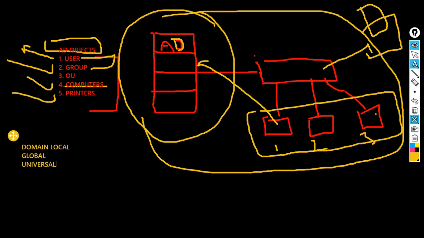So these three types of group you can create, and the differences between these, right now I think you cannot understand, but just a bit I want to explain here. Domain means this is your domain environment, and if you have created these users here, they can log in on any of these computers, because this is the same domain.